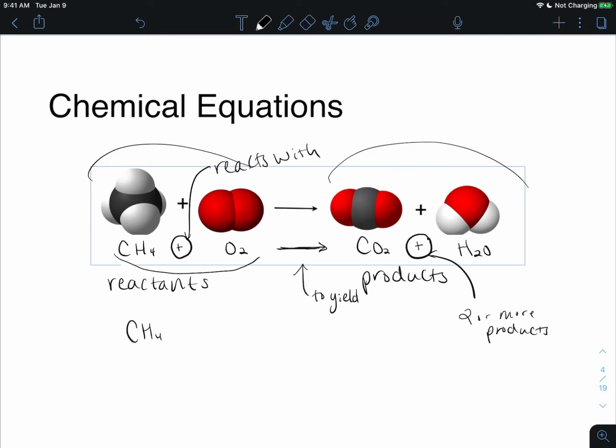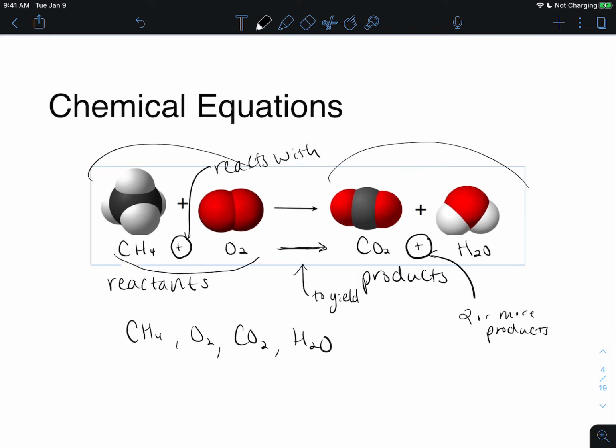Now, CH4, O2, CO2, and H2O are specific compounds. And we know that from previous units where we talked about how a compound has to have a set ratio of its different atoms. So to have CH4 or methane, we have to have one carbon and 4 hydrogens.